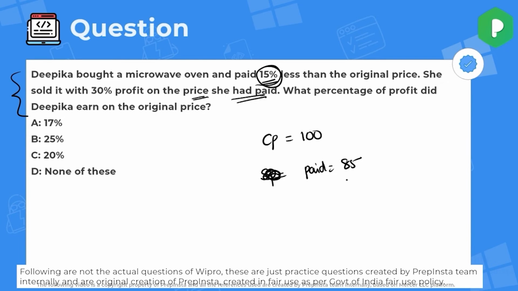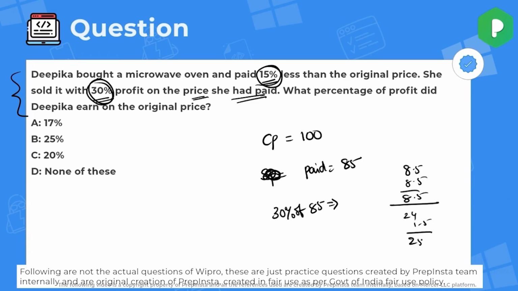She paid 85 rupees, and what is 30% of 85 rupees? 10% is 8.5, 8.5, 8.5. The sum is 25.5. If you add 25.5 to the paid amount, you will get the selling price by Deepika.